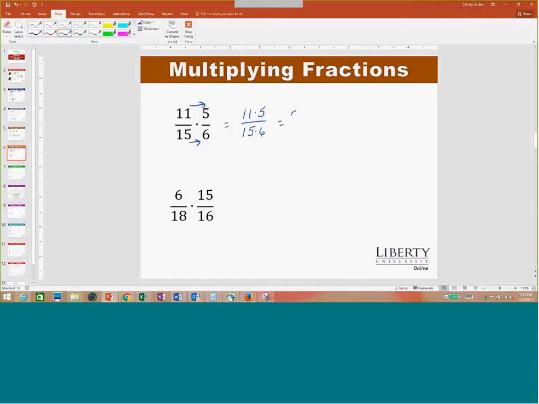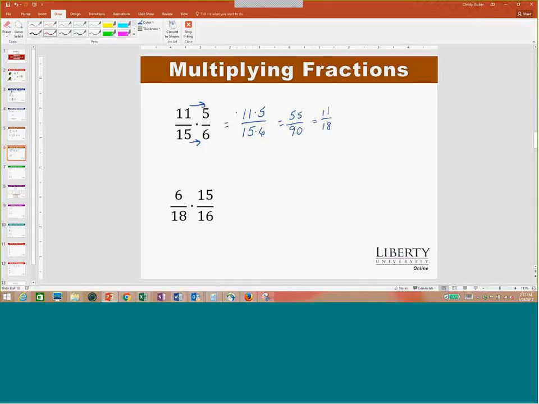Multiplying across, we get 55 in the numerator, and multiplying across the denominator, we get 90. 15 times 6 is 90. This is not expressed in simplest form because 5 is a factor of both the numerator and the denominator. So when we simplify this, we get 11/18.